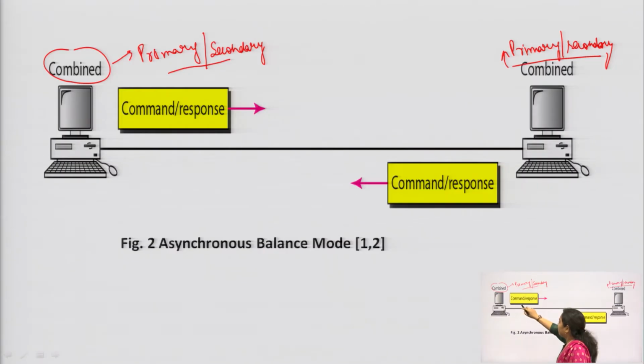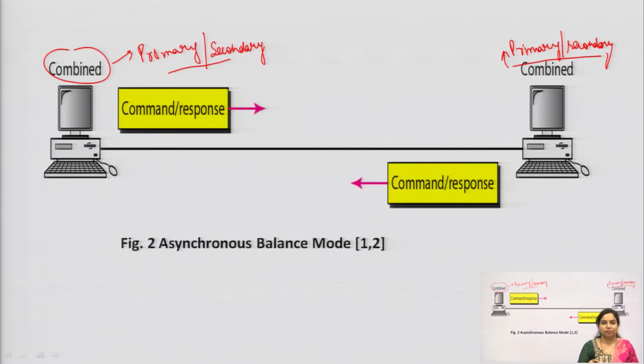Now, you can see that command and response, if it is working as a primary device, then it is going to send a command to this device, and if this is working as a secondary device, then it will send a response to the command which is sent by the other device.